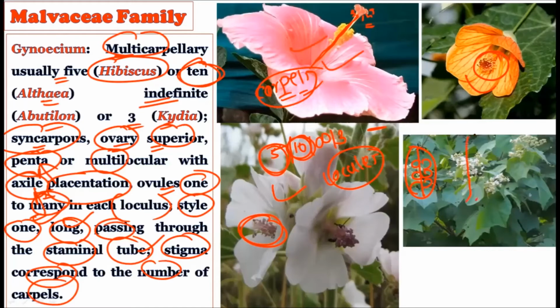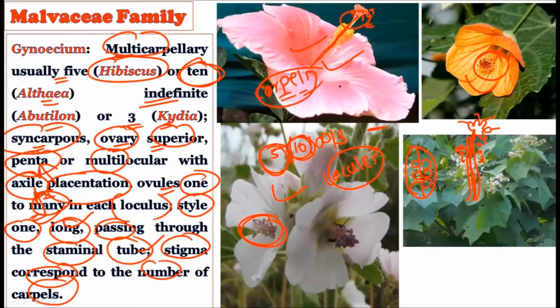Okay, this is the staminal tube, and here you will find the anthers. Okay, these are all the anthers, but inside this, you will find the style. Okay, this is the style, and at the apex it will give the stigmas. Okay, so if the number of carpels is 5, there are 5 stigmas at the apex, as you can easily observe in the hibiscus genus.